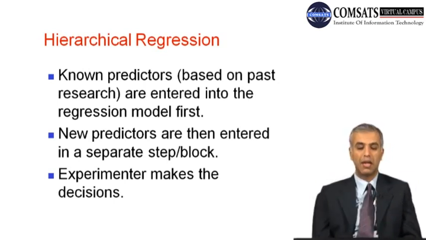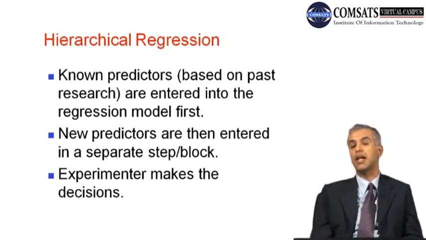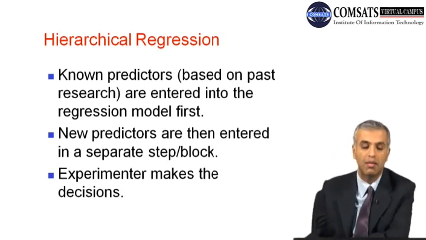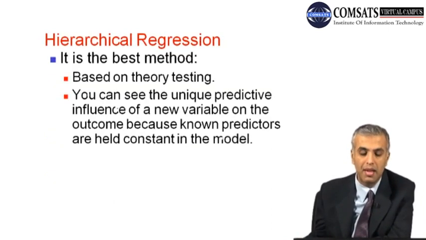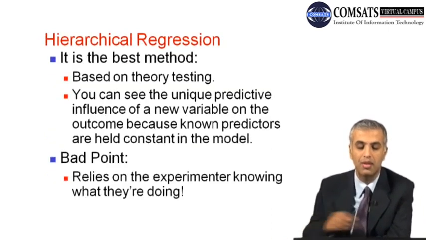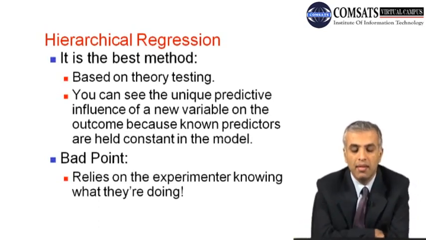The experimenter, while making these decisions, keeps in mind which predictors were entered first and what the basis was for entering them first in the regression equation, and also the nature of the new predictors which are entered in the regression equation. So coming to the next one: what are the advantages and disadvantages.